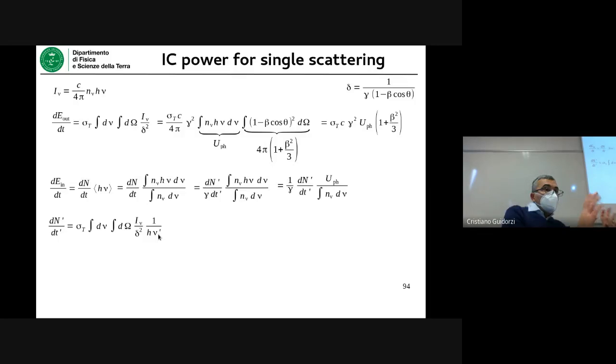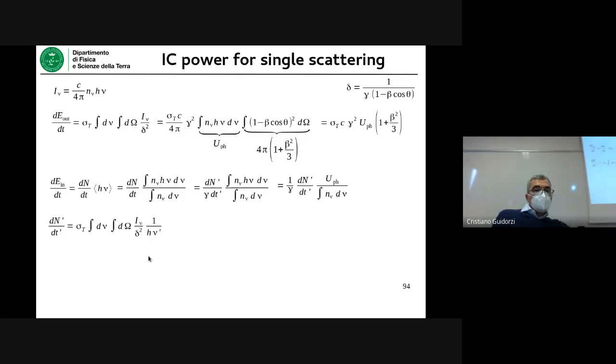Before I had the amount of energy that is going to be scattered in the comoving frame of the electron per unit solid angle, per unit frequency. I take the very same quantity and divide by the photon's energy, of course in the comoving frame, because that's where I'm considering. These quantities are already in the lab frame, but that's because we calculated them and found this. What we are thinking of is the amount of energy being scattered by the electron in its comoving frame per unit time, per unit solid angle.